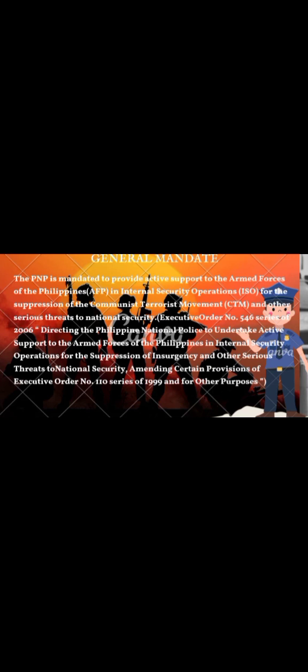Executive Order Number 546 Series of 2006, directing that the Philippine National Police undertake active support to the Armed Forces of the Philippines in internal security operations for the suppression of insurgency and other serious threats to national security, amending certain provisions of Executive Order Number 110 Series of 1999 and for other purposes.